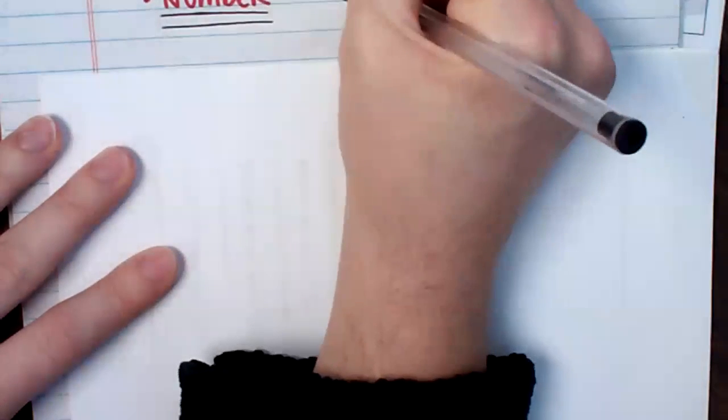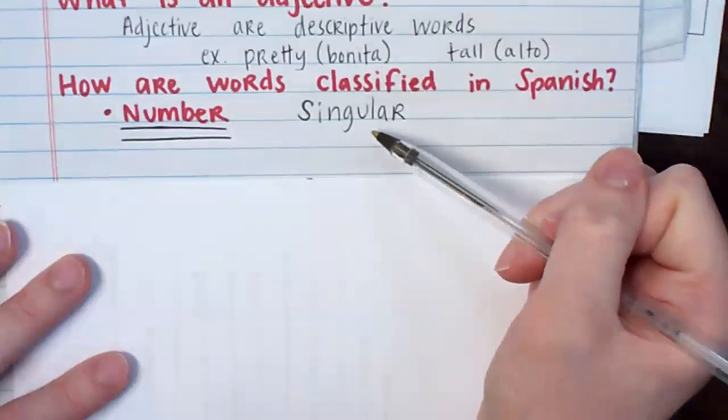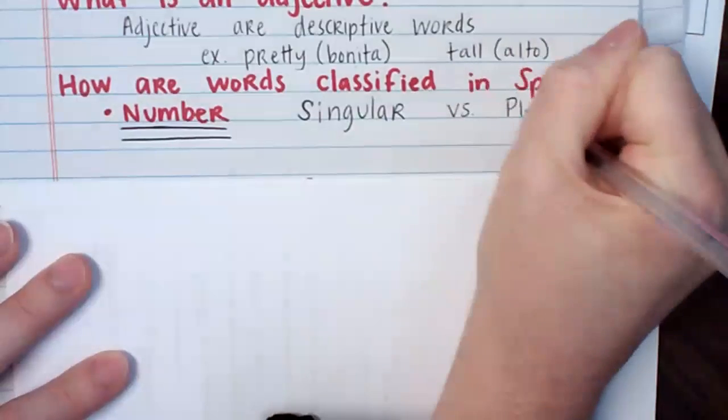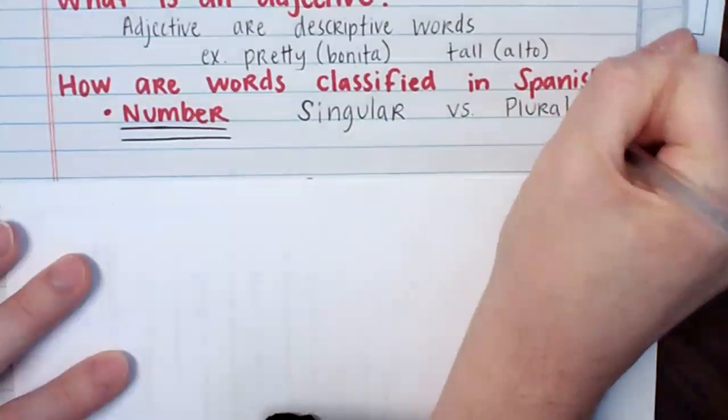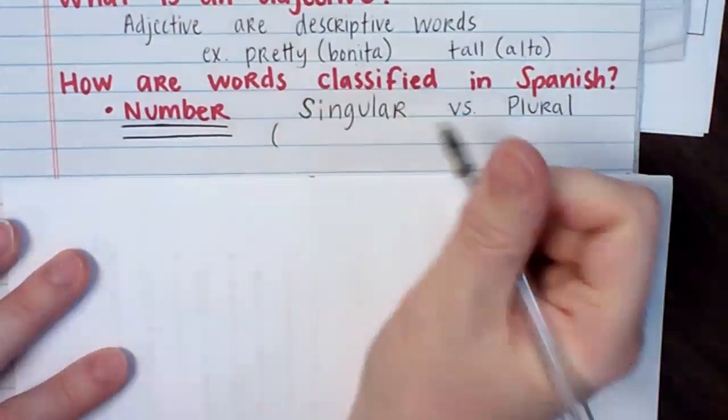So the first way that words are broken up in Spanish is by number. So the big thing you're going to have are words singular, are the nouns, oh, you can't even see that, I'm sorry. So are the nouns and adjectives singular, or are they plural? So they have the same rules in Spanish as we do in English.